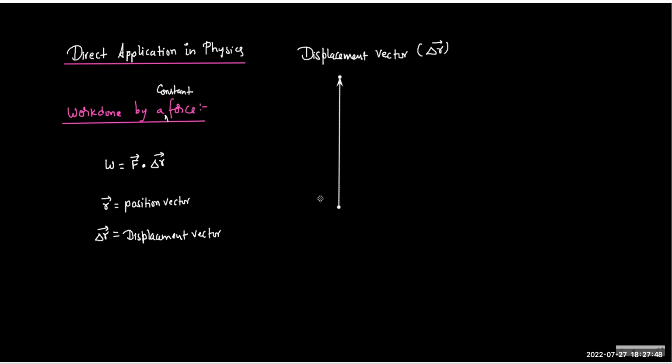Is it correct to say displacement is the minimum separation between 2 points? Shortest distance between 2 points is called displacement. Am I right to say this? Yes. Anybody else who thinks this is correct?